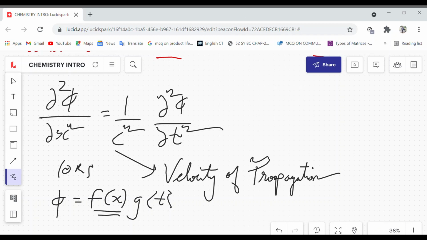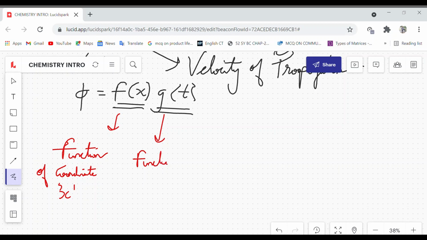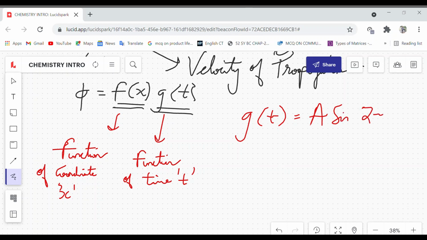So what is f of x and what is g of t? F of x is basically function of coordinate x, g of t is function of time t, and g of t equal to a sine 2 pi nu t.